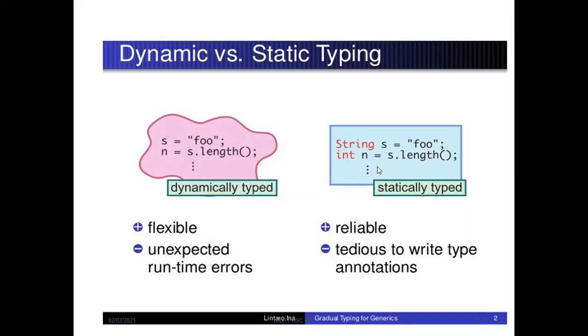One easier way to differentiate between dynamic and static is that in dynamic, you don't have to mention small things like the type of the variable. Sorry, you have to mention the name, the data type. And in static typing, you have to mention everything, every small step.